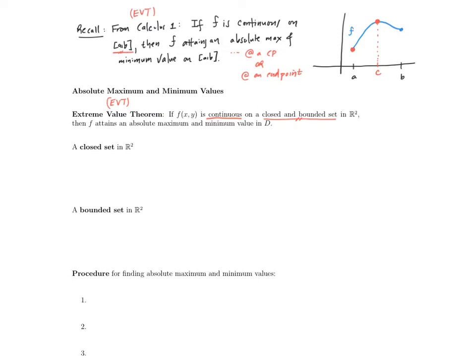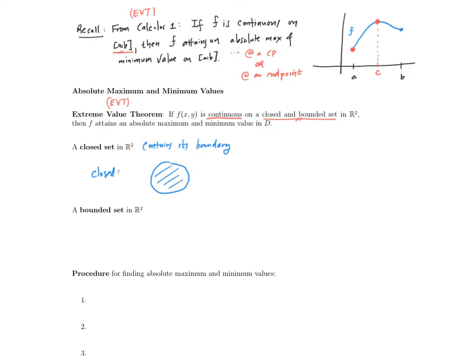And luckily these are very intuitive ideas. A closed set in R2 contains its boundary. Let me illustrate this with a few examples. An example of something closed would be a circle and everything inside it, because that contains its boundary.